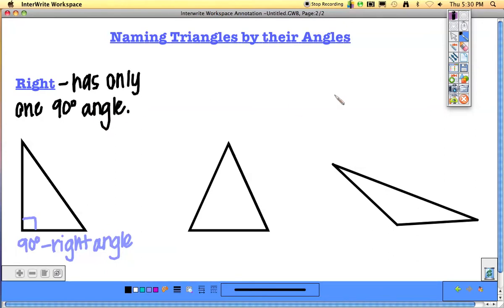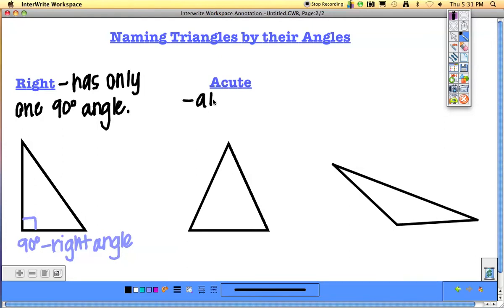Okay, the next triangle that we're going to look at is called an acute triangle. Acute triangle means that all the angles in the triangle are going to measure less than 90 degrees, because acute means an angle that's less than 90.